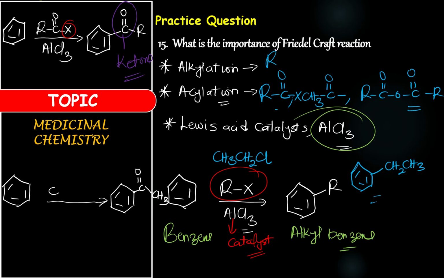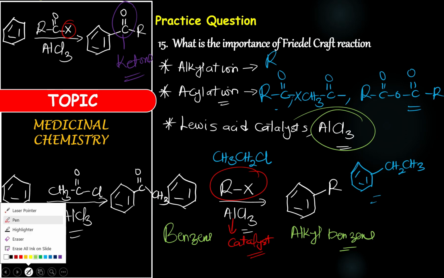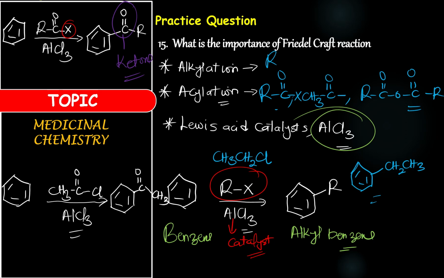So this will be something like CH3, C double bond O, let's say chloride, which is like ethanoyl chloride, and aluminium trichloride. So you add it here. This reaction is what we call the Friedel-Crafts acylation.